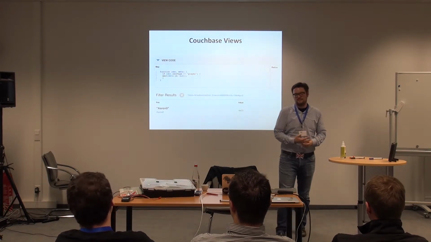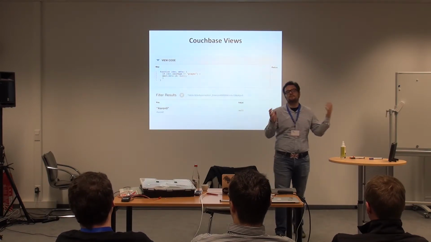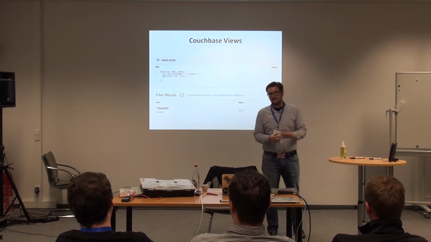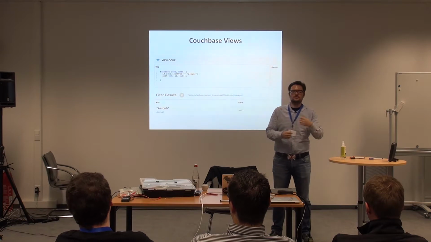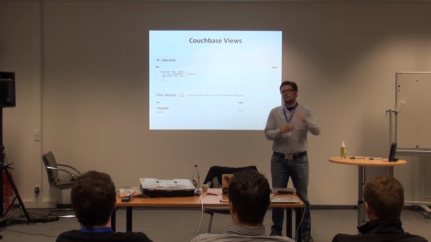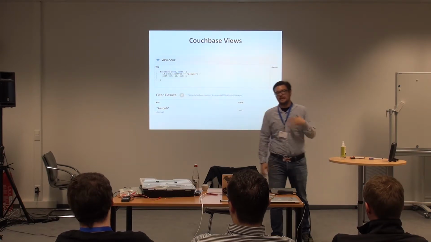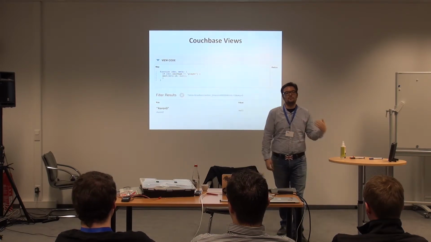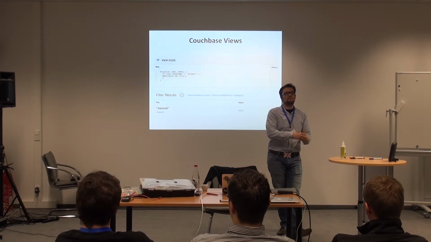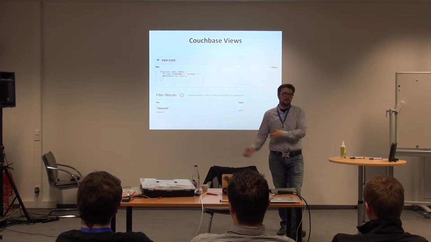So CouchDB supports, and still supports, map and reduce functions, so you pass it a JavaScript function, and it generates an index over all your documents. And since Couchbase actually uses the same file format underneath, you can use the same view query engine that CouchDB had, or still has.